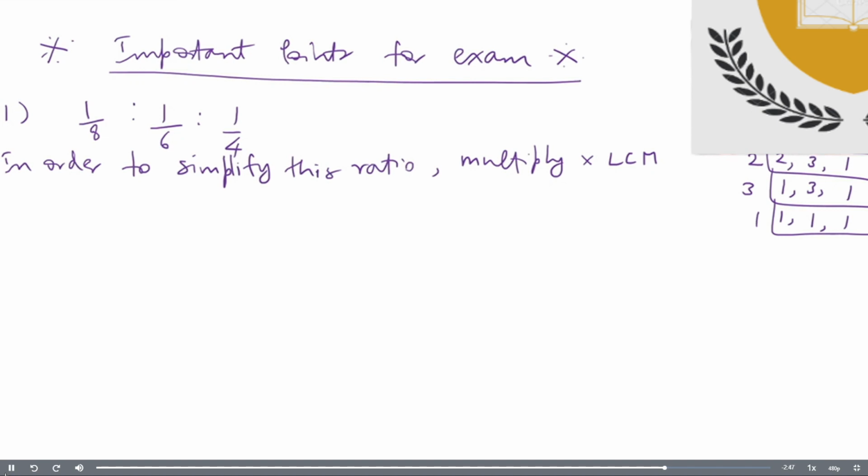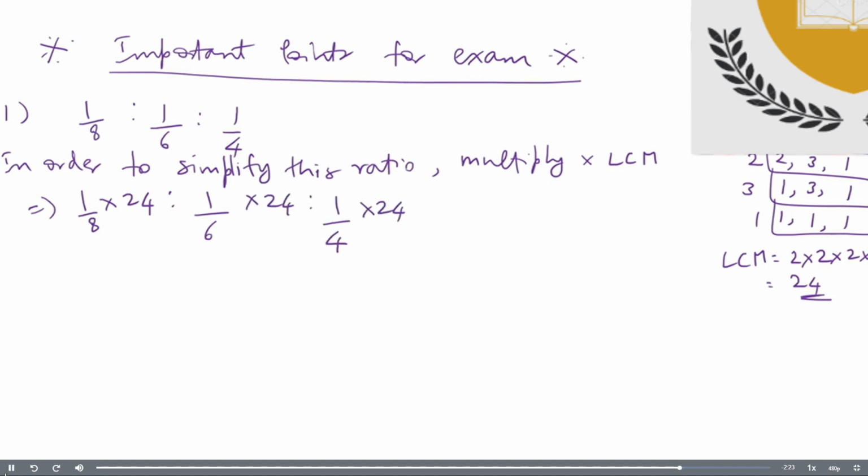That's it. So now what is my LCM? LCM is 2 into 2 into 2 into 3 into 1, which is 24. So now my LCM is 24. I need to multiply 1 by 8 into 24, 1 by 6 into 24, 1 by 4 into 24.